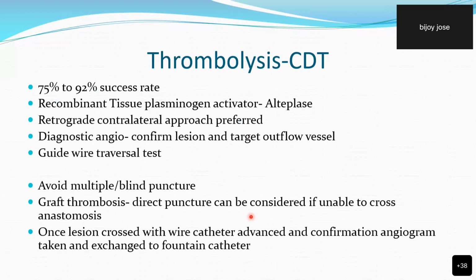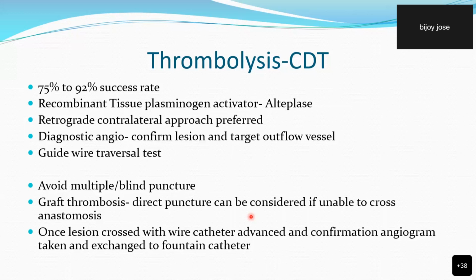So now coming to thrombolysis, a 75 to 92% success rate is observed in thrombolysis patients with acute limb ischemia. The usual agent we use is recombinant tissue plasminogen activator, that's Alteplase. A retrograde contralateral approach is usually preferred, and you do a diagnostic angiogram, confirm the lesion and target outflow vessel, and usually we do a guide wire traversal test to see if it is a soft thrombus.